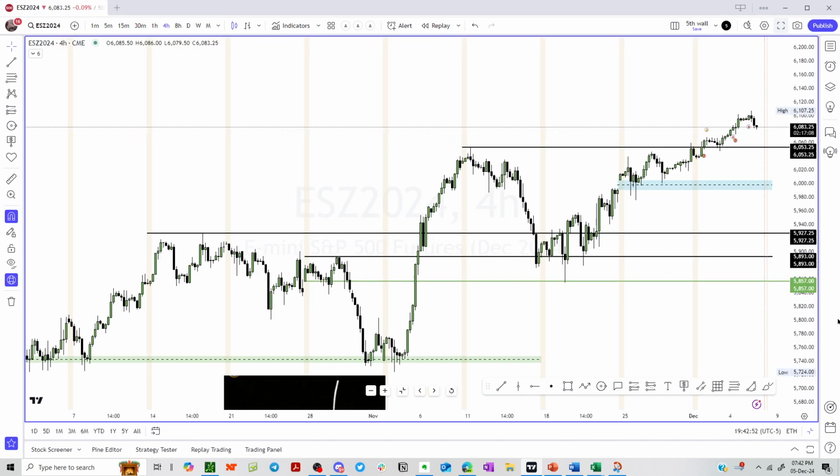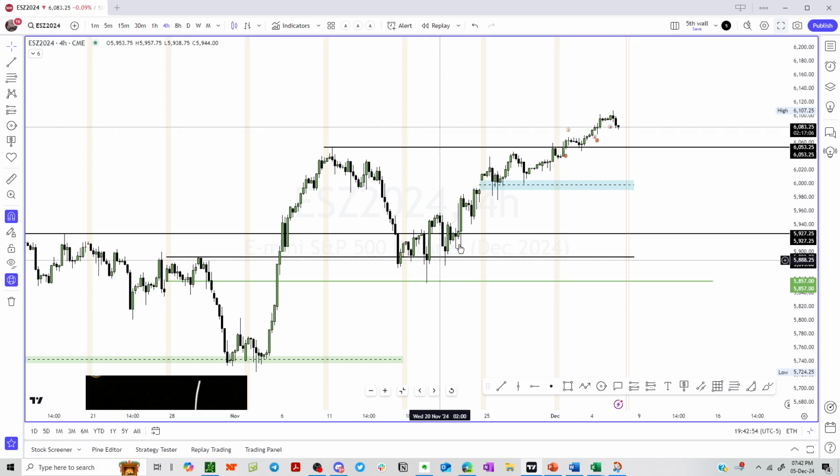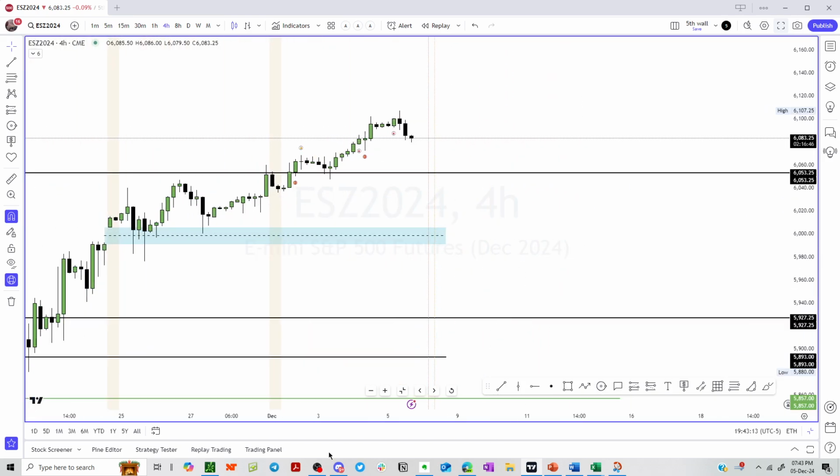Looking at this here and price testing this key level, that's the reason I went long from Tuesday into this imbalance or order block and push higher. Then you got this imbalance here as well.